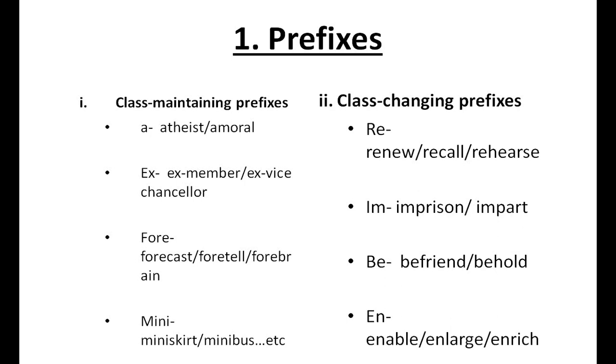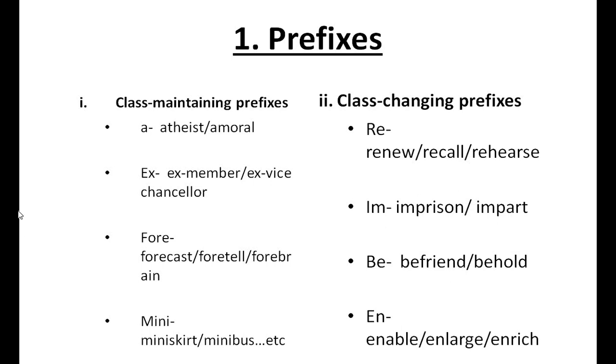Okay, prefixes: class maintaining prefixes and class changing prefixes. Class means changing the grammatical class, the class of parts of speech. For example, making nouns, verbs, adjectives from different words.